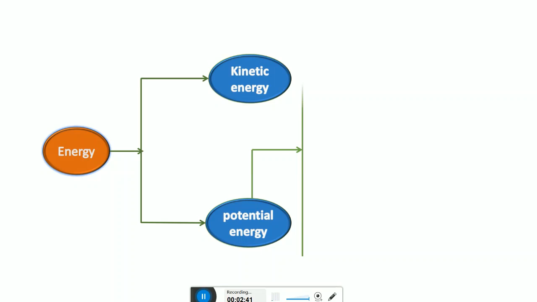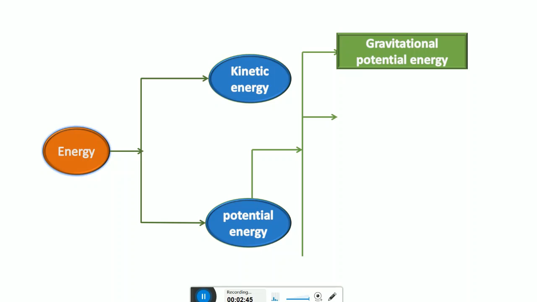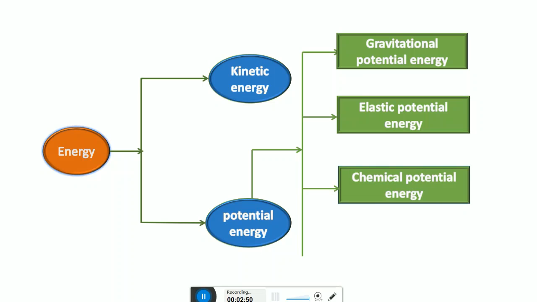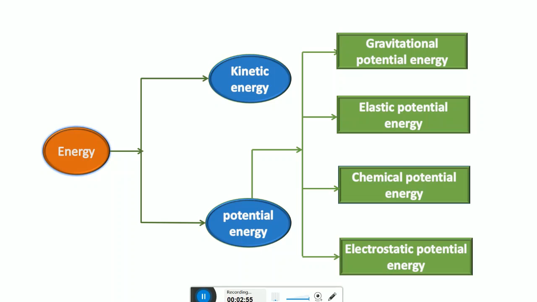Similarly, potential energy is the energy possessed by an object due to its position. Again, there are different forms of potential energy. First is gravitational potential energy, then elastic potential energy, chemical potential energy, and electrostatic potential energy. Let us see one by one.